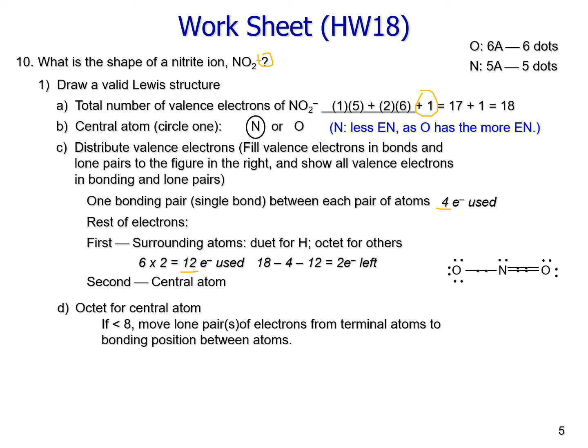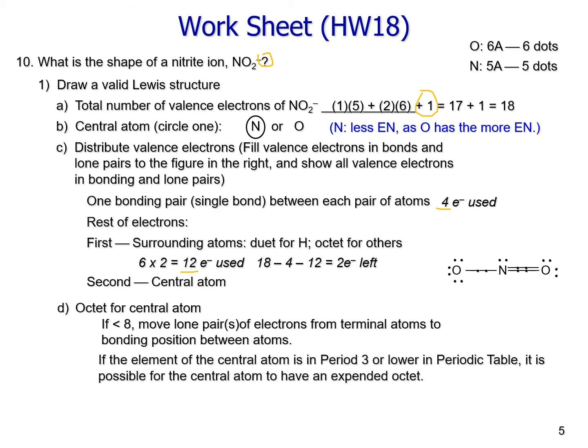This way, we have a double bond set up between nitrogen and the oxygen on the right. Double bond 4 electrons, single bond 2 electrons, with a lone pair on its own. Nitrogen now attains the octet. Nitrogen is a second period element, so the expanded octet statement doesn't work for nitrogen.